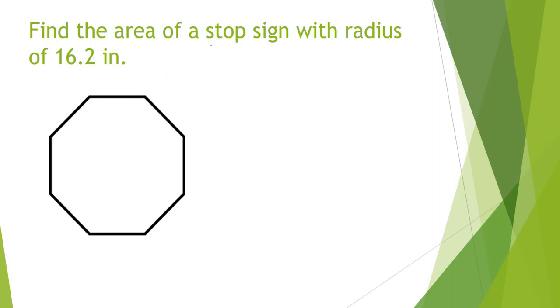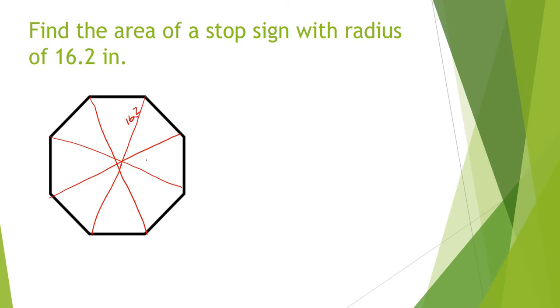All right, find the area of a stop sign with a radius of 16.2. So there's my stop sign, and if I put my diagonals in, drawn very well, sorry about that. This is 8 sides, and the radius here is 16.2.